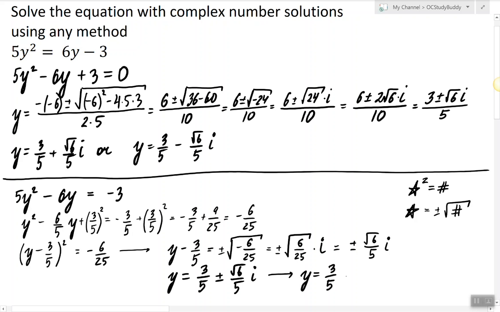One is 3/5 minus square root of 6 over 5 i, and the other one is 3/5 plus square root of 6 over 5 i. And you can see that we obtain exactly the same solutions as before. So it doesn't matter which method you use, you will get the same answer. However, when you're dealing with complex solutions, probably the most efficient way is to use the quadratic formula.